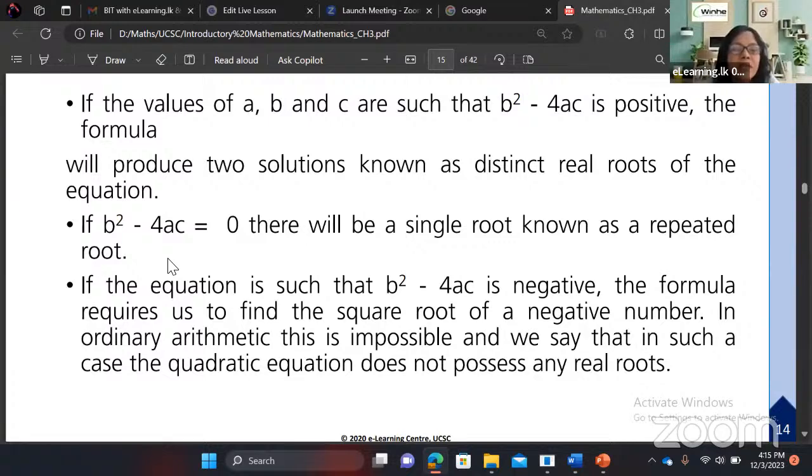If b squared minus 4ac is equal to 0, there can be a single root. If it is greater than 0, there can be two distinct real roots.